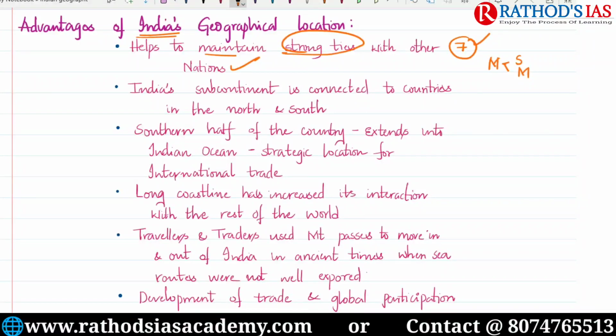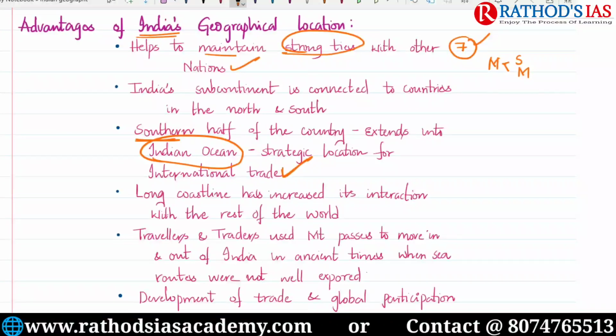Next, India's subcontinent is connected to countries in the north as well as the south. And the southern half of our country extends into the Indian Ocean region. Because of this, India plays an important role in international trade.